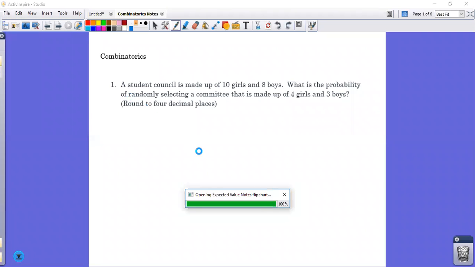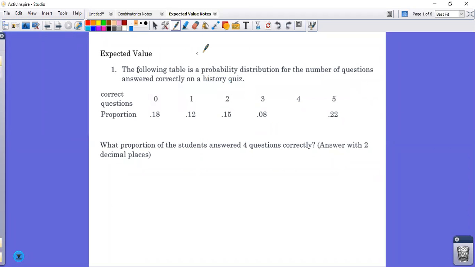First one is expected value. Okay, so expected value, this first is called a probability distribution. When you're taking a 5-question quiz, you could get 0, 1, 2, 3, 4, or 5 questions right.